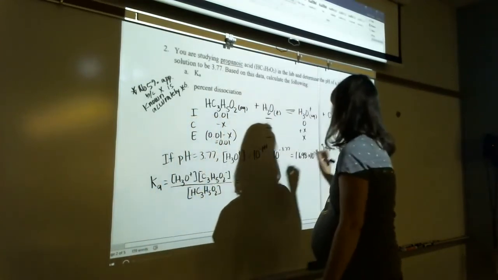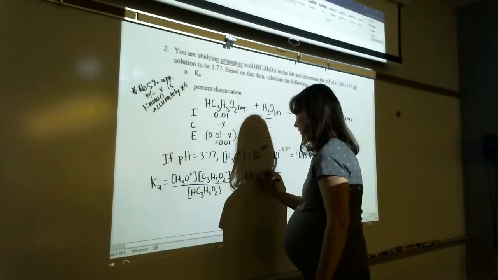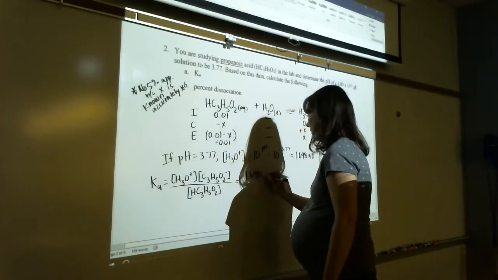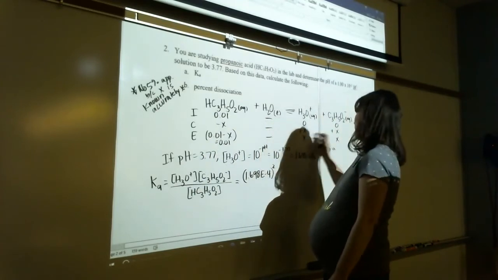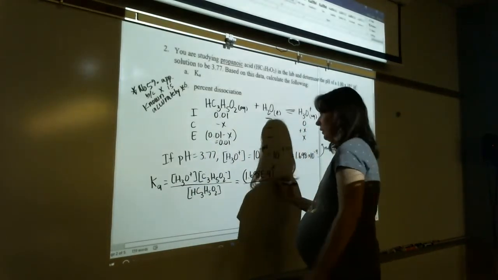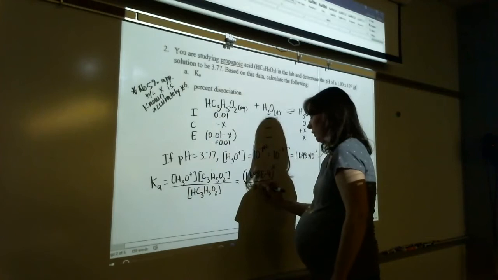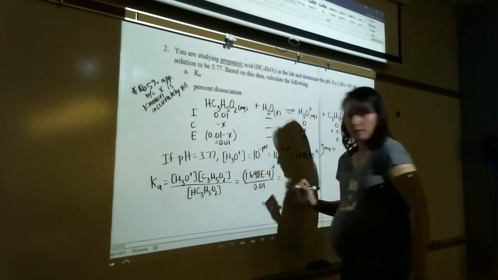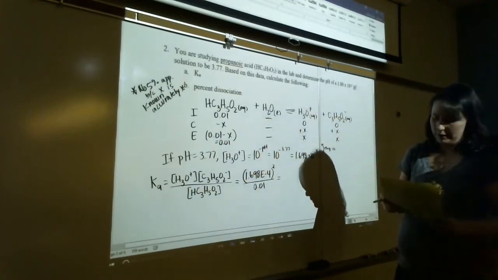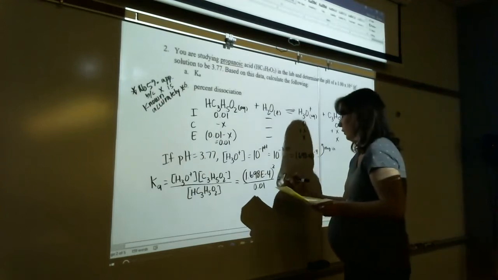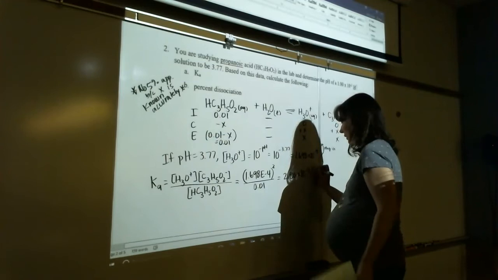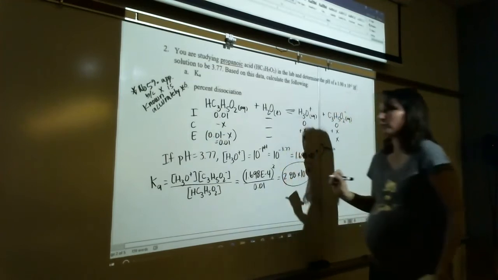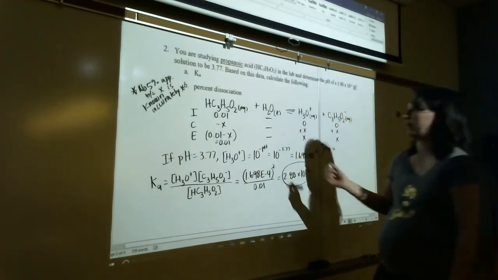Plugging all my values in, that will be 1.698 times 10 to the negative fourth, and I'm just squaring that, because these two values are the same, divided by 0.01. And I got 2.88 times 10 to the negative 6. That's a reasonable Ka, right? This is a weak acid.